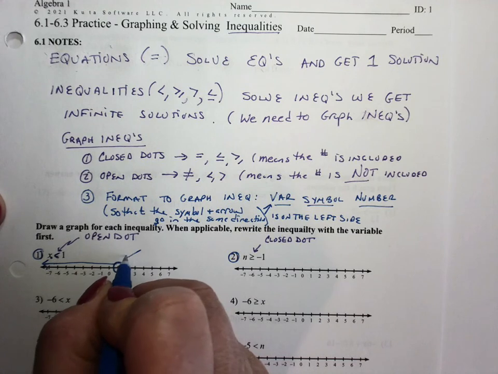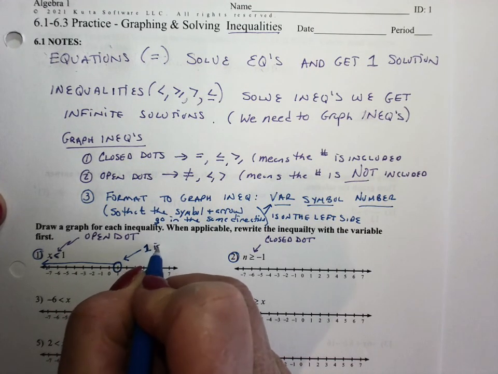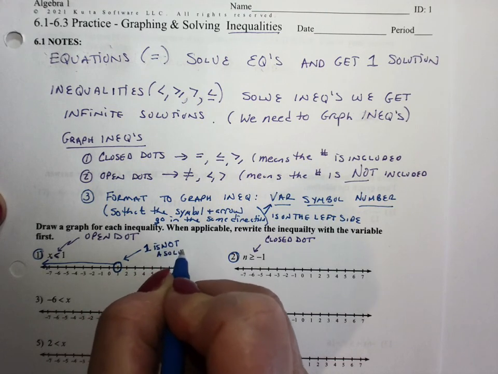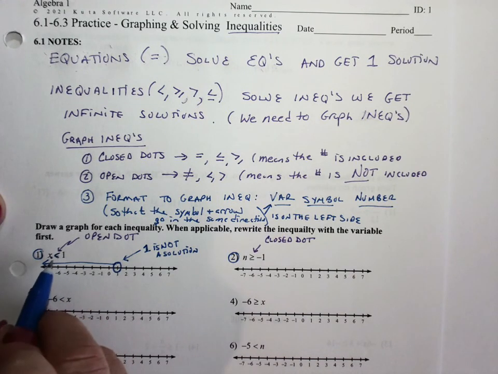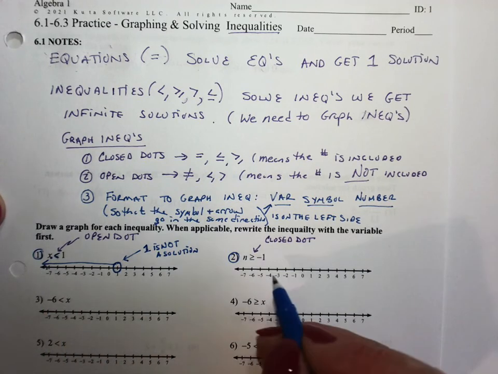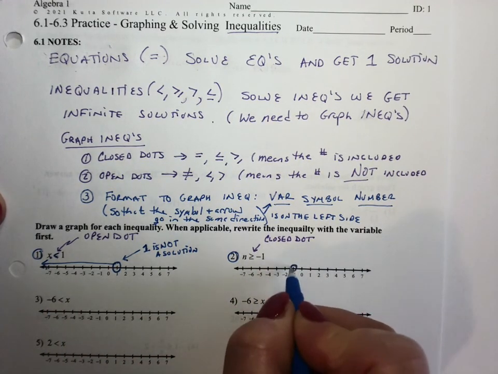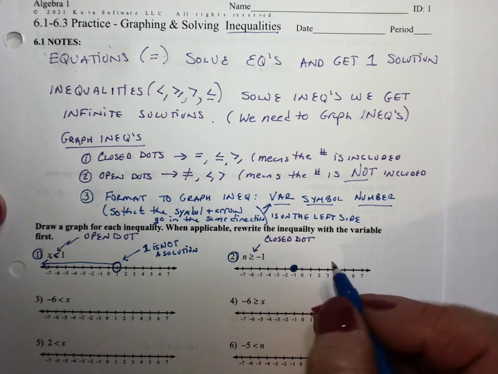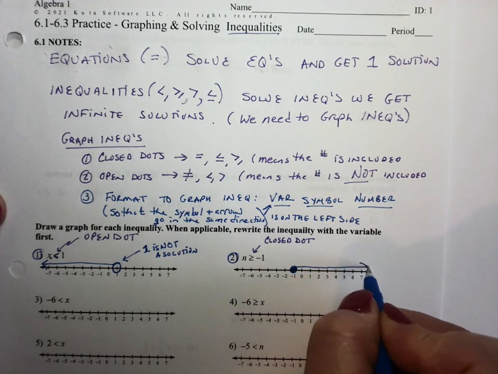So in this case, 1 is not a solution, right? Because there's no equals. Over here, notice there's an equal sign, so at -1, it's a closed dot, and because the variable's on the left, okay?